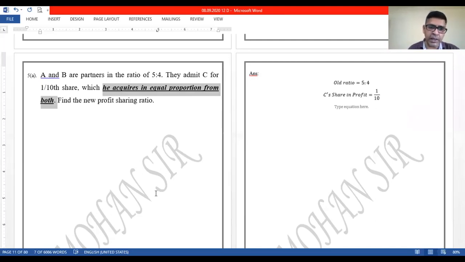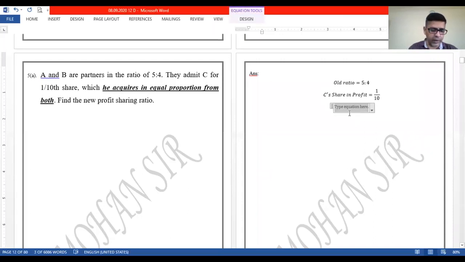How is the sacrifice made? They are sacrificing in equal ratio, right? So let us find the sacrifice share. Sacrifice by A will be equal to, together they sacrifice 1 by 10 share, into the ratio in which they have sacrificed, that is 1 by 2.